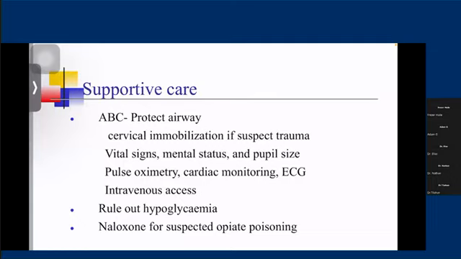So the patient can present with a compromised airway. The patient can have multiple vomiting, can aspirate and asphyxiate, and can also die because of hypoxia. So always the first step in management of poisoning is securing and protecting the airway.